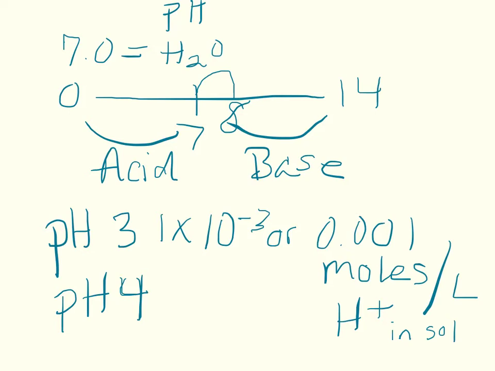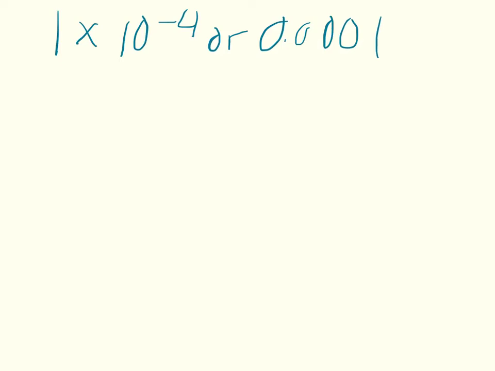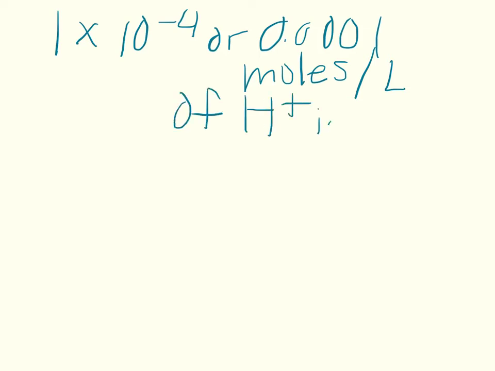All right, so next. Okay, so a pH of 4 is 1 times 10 to the minus 4, or 0.0001 moles per liter of hydrogen ions in solution.